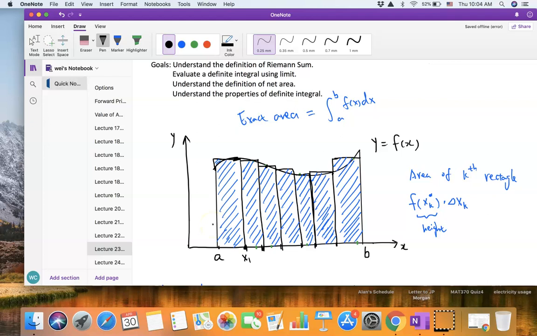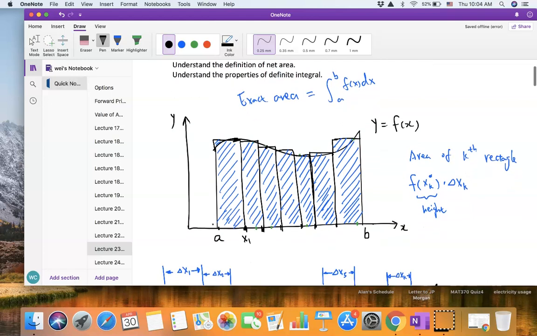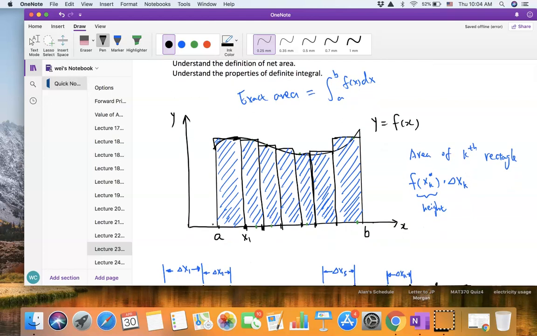Now, in order to make our calculation convenient, we want to choose the easiest way to construct the rectangles. So what is the easiest way? The easiest way is we can let the width of each rectangle be the same. And when we determine the height of each rectangle, we just follow one pattern. That pattern is we can use either the left endpoint or the right endpoint to determine the height.